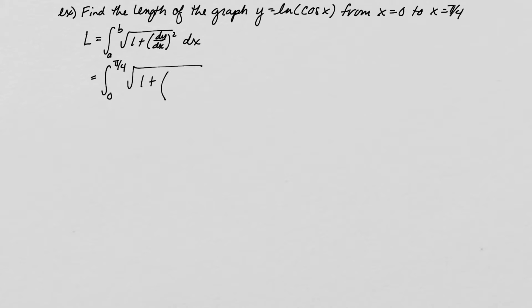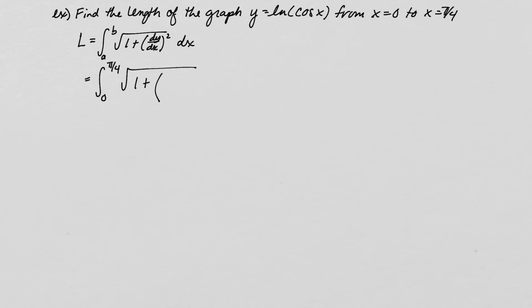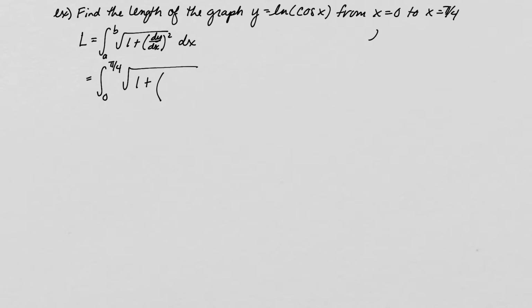You need the absolute value if you were integrating, not if you were taking the derivative. So remember, if you have the natural log of a bunch of stuff and I'm taking the derivative of it, that's equal to 1 over the stuff times the derivative of the stuff, stuff prime.